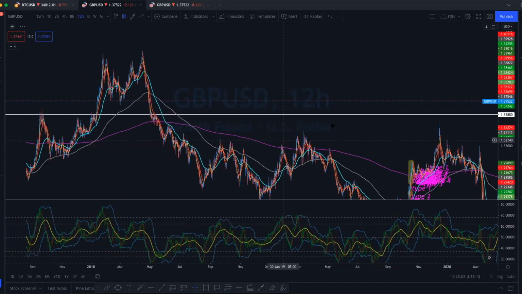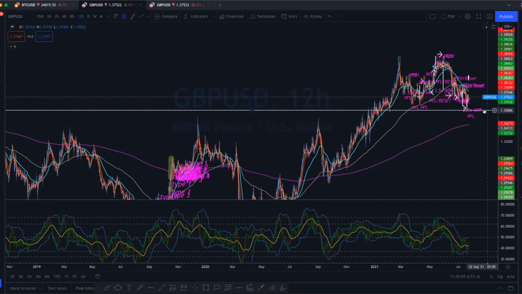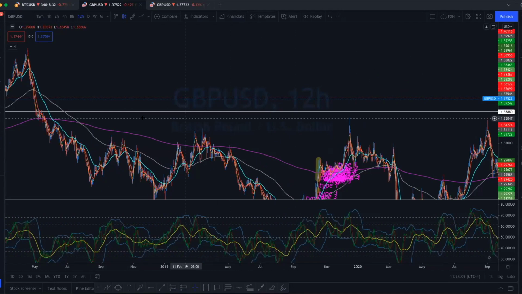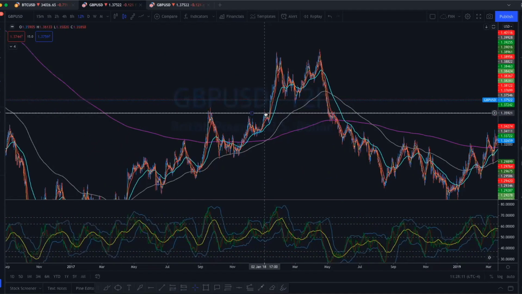If you go back even further, right from that line, you can see it goes through that structure there, and then goes all the way back to 2018, where there's structure there.